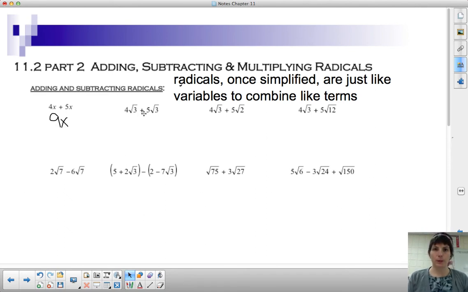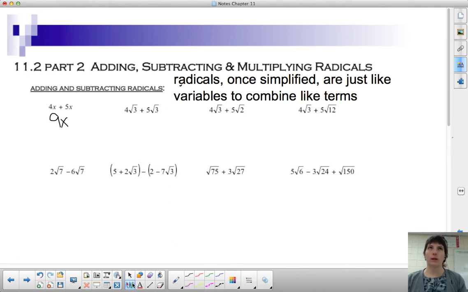So if we're looking at a problem like 4 root 3 plus 5 root 3, we need to go ahead and say root 3, yep, that's as simplified as it can get. That's a prime number under a radical, so I don't have anything else I can simplify. And root 3 and root 3 are the same, so we can consider them to be the same variable.